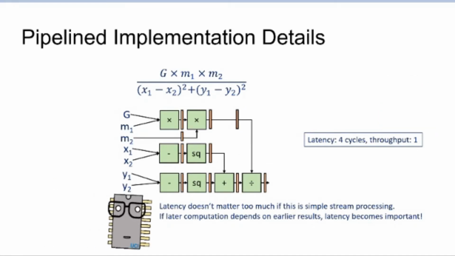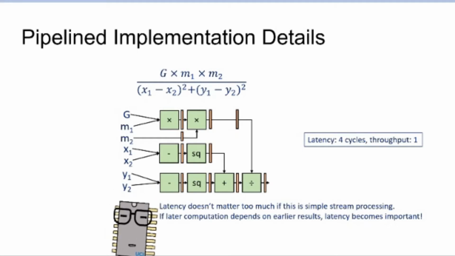The latency might not matter too much if this is stream processing. If you're always working on batches, if you're working on 10,000 pairs at any given time, this reduction in latency is maybe not that important.